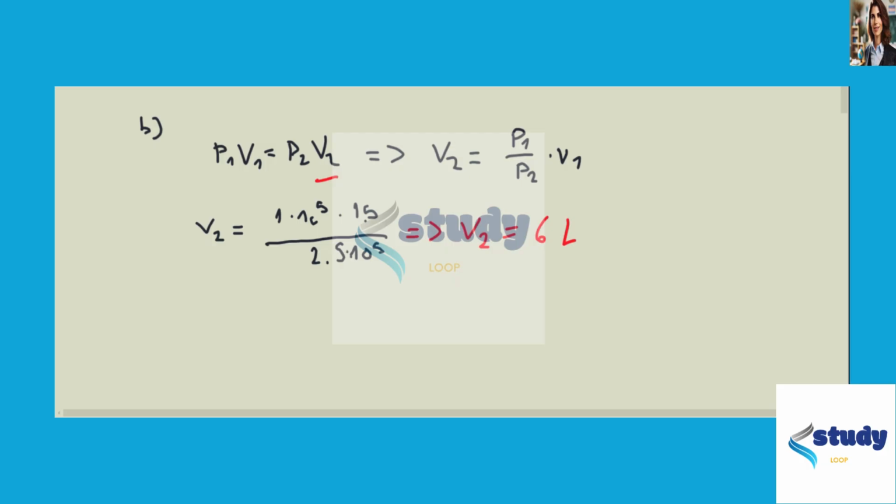Now, for the pressure at the third state, we know that the process is an isobaric process, so it's going under a constant pressure, and we can then state P2 equals P3. Very important, because this allows us to use the given value for P2 to express the pressure at point 3.